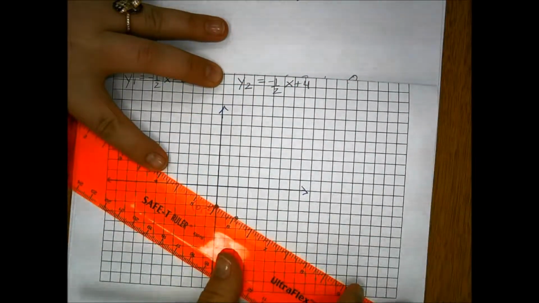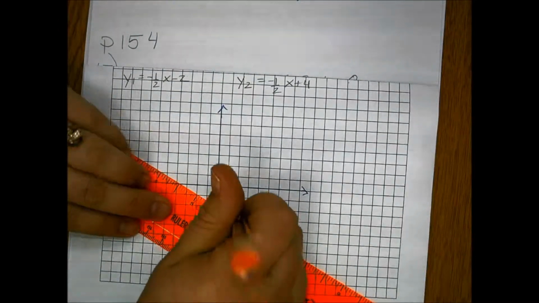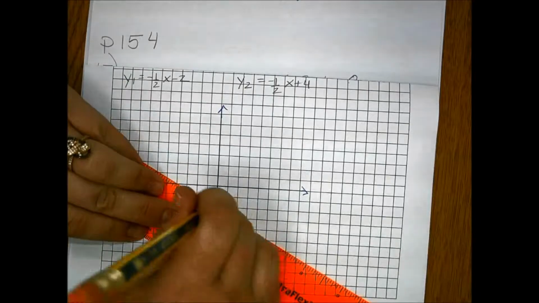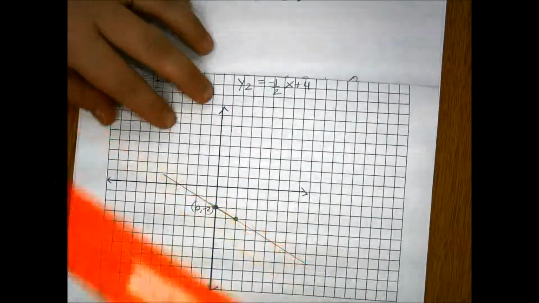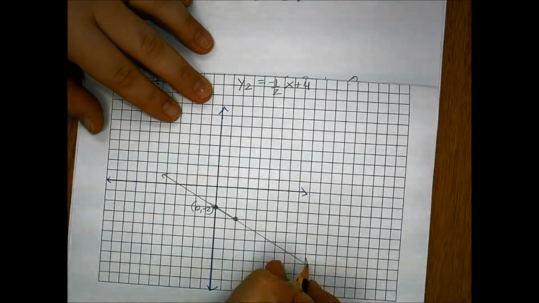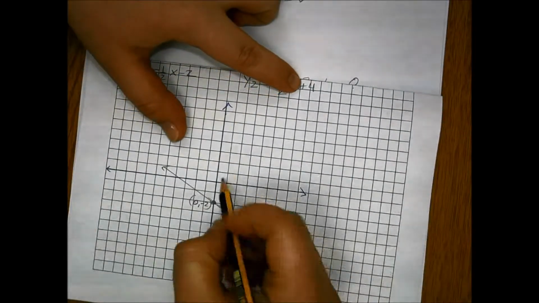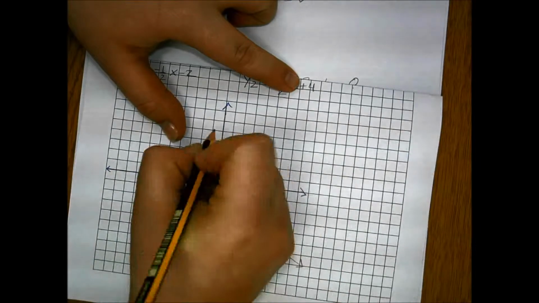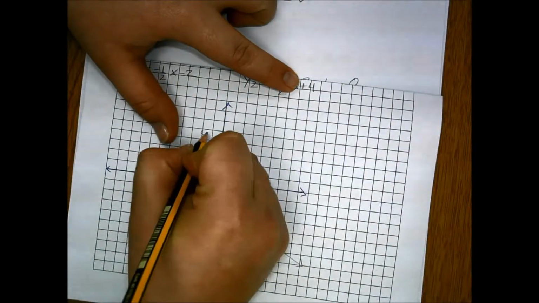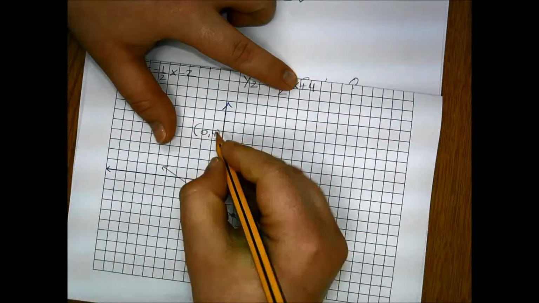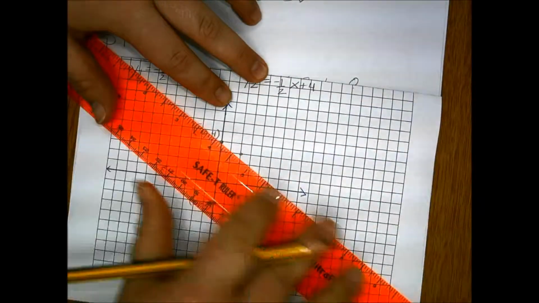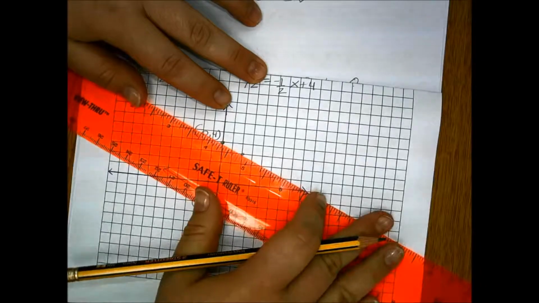Lightly draw in your line through those 2 points. And graph the other one. Now we have a y-intercept of 4, 1, 2, 3, 4, and a slope of negative 1, 2 again. Doesn't matter if the line goes through your point here.